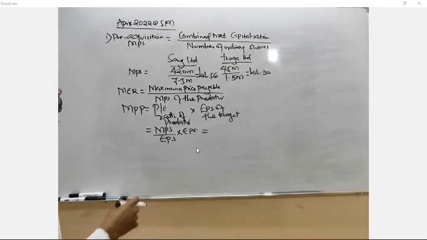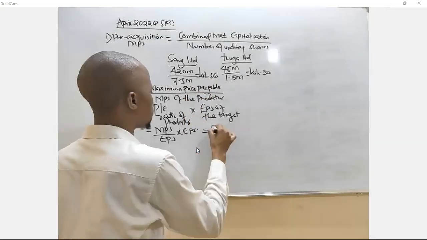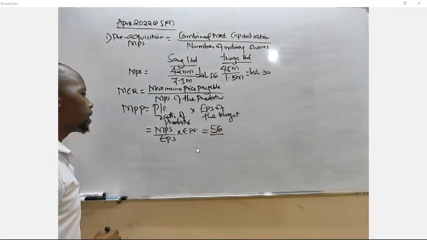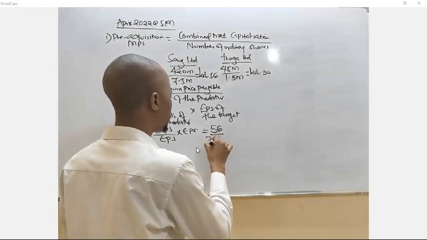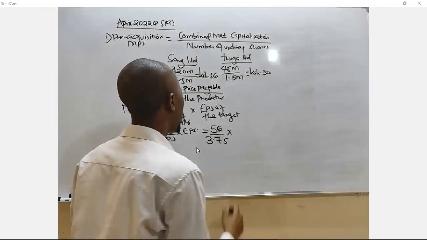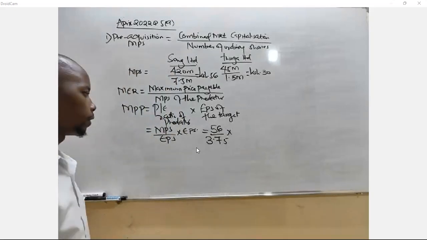Correct. The market price per share, you can see we were able to compute it here. It should be 56. You divide it by the earnings per share of the predator. I can see the examiner has already provided it, it is 3.75. We multiply by the earnings per share of the target, which is 2.5.